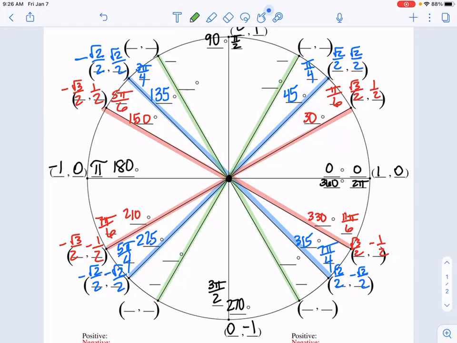Now, remember, our pink and green triangles are the same. I just color coded them to help us visually up here. Okay. Are we good?